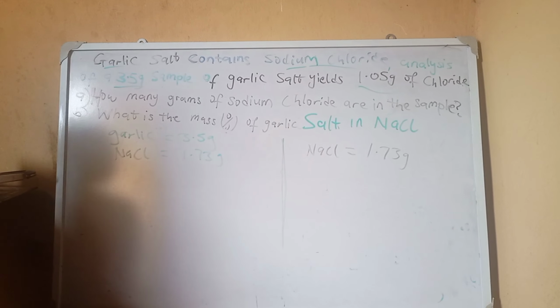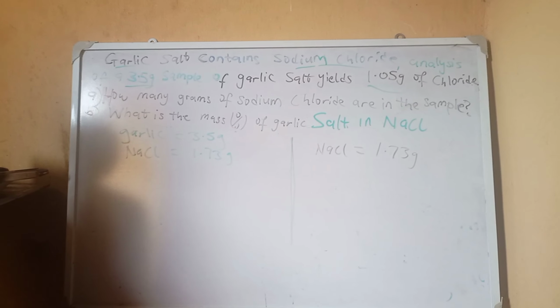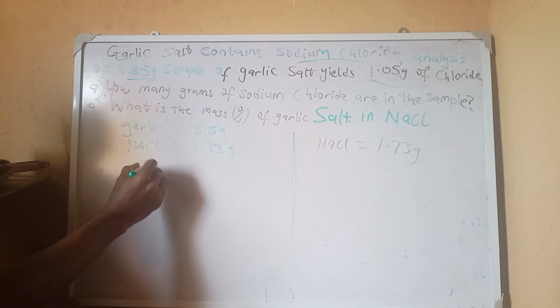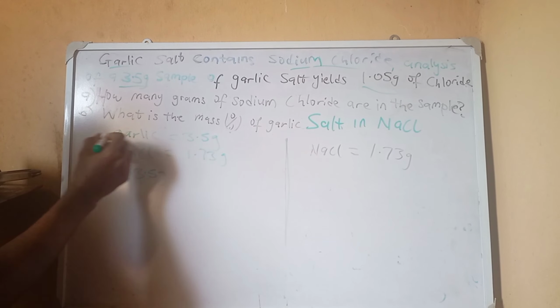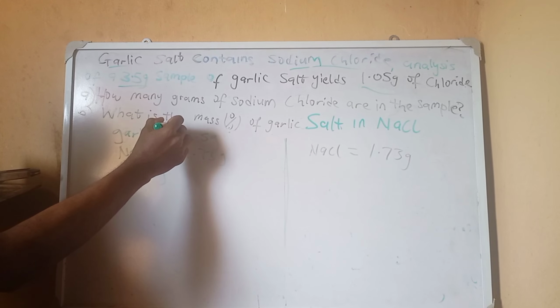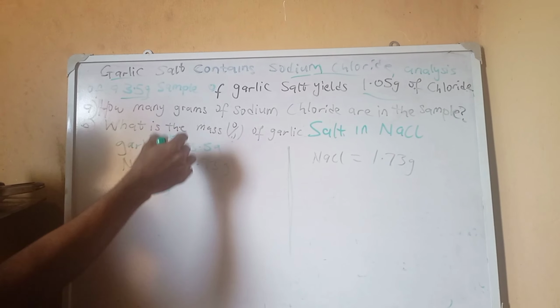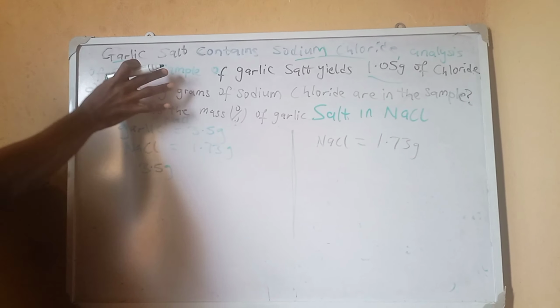Therefore the actual mass of garlic in this substance will be 3.5 gram, because this is garlic plus NaCl inside, sorry, there is a plus here, plus NaCl. This is the bulk of the mass.